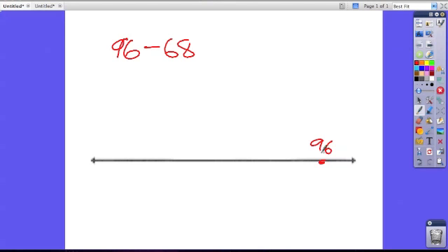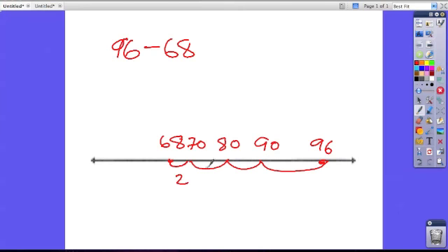So I've got 96 here and I've got 68 here. Now to make it easy, what I might do is start this one by just jumping up 2 to 70, and then I might go 80, 90, and again I'm way out of proportion here, and then up to 96.